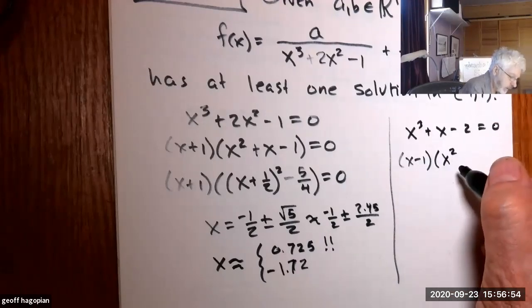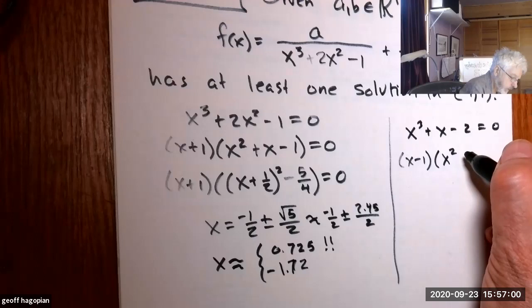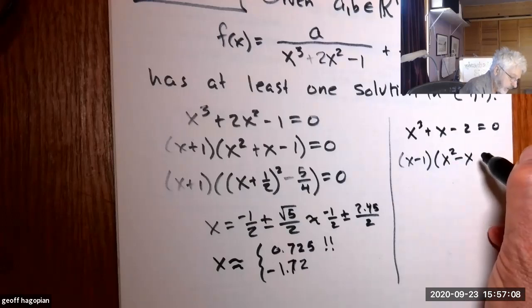Well, x squared plus the minus x, and then plus 2.